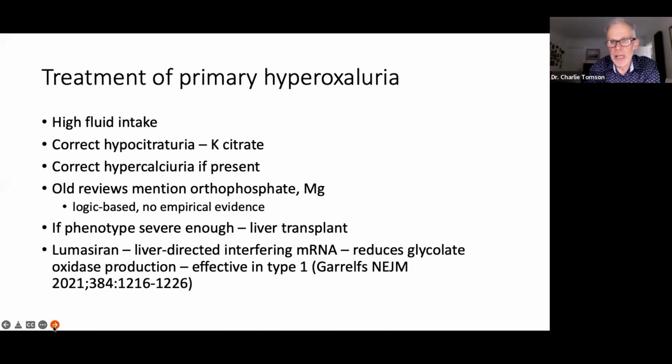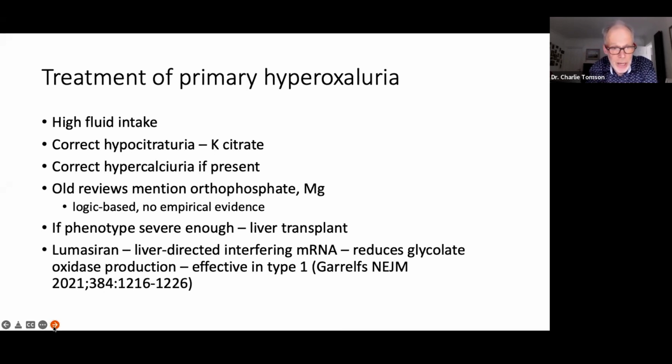But again, nobody's done any form of trial or even case series to show that magnesium reduces stone recurrence in this disease.